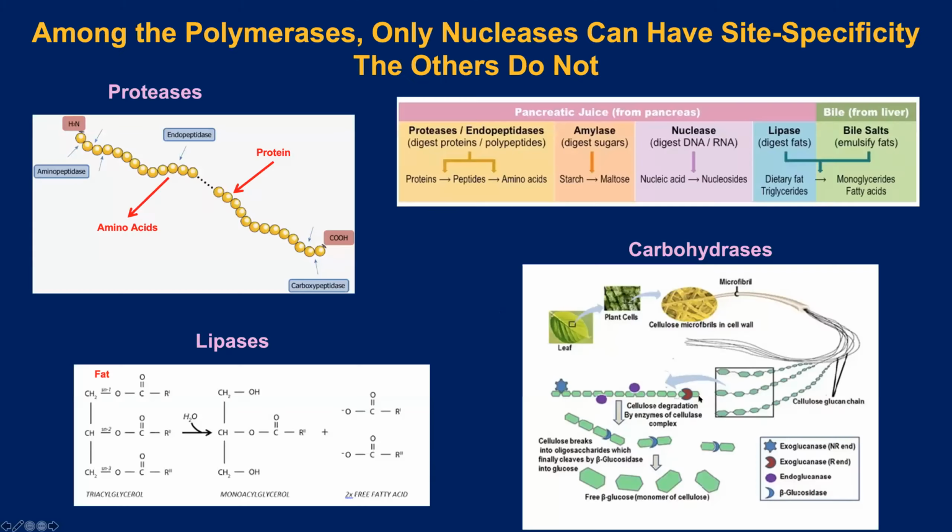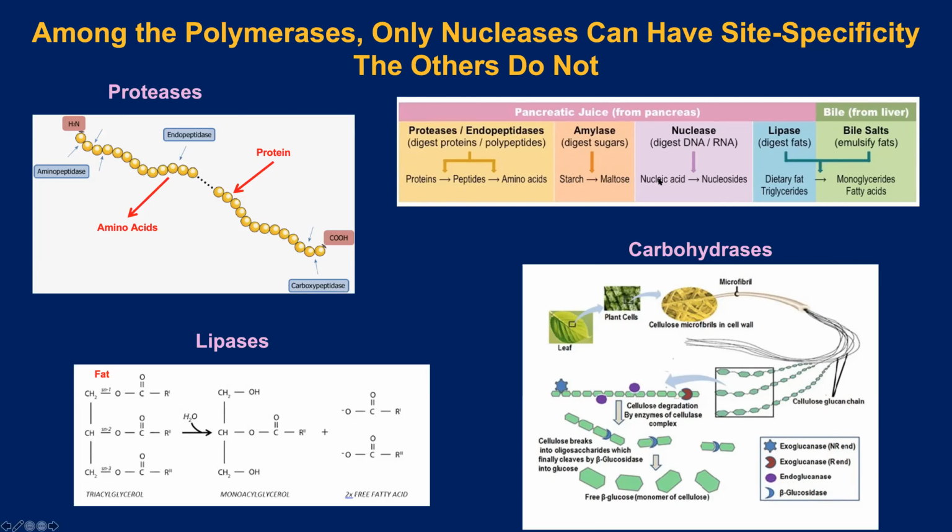So let me first tell you what I mean by non-specific. Here on the upper right, again, I'm reiterating, proteases convert proteins to amino acids. Amylases or carbohydrases can convert carbohydrates to small molecules, in this case maltose.